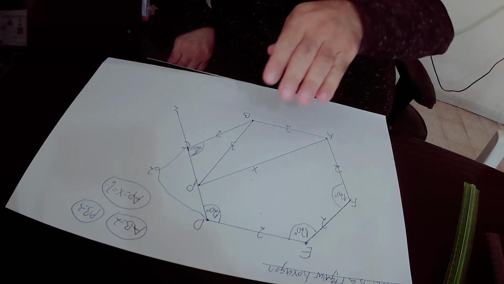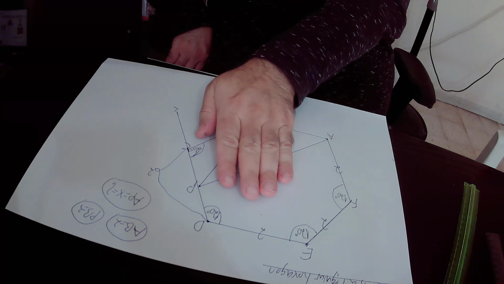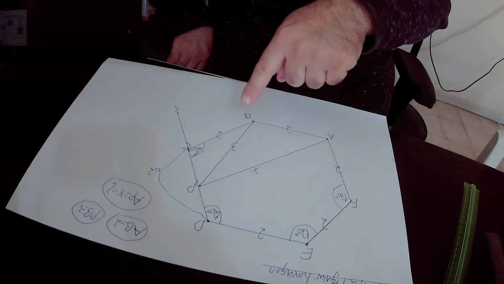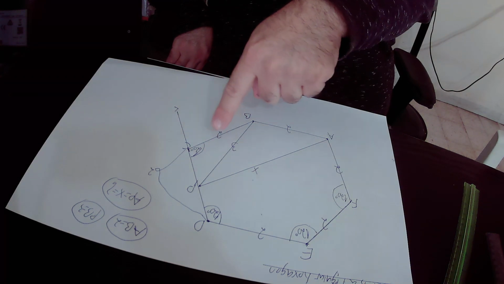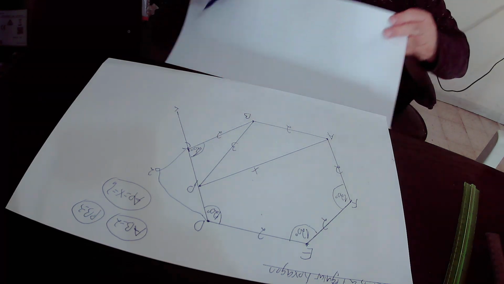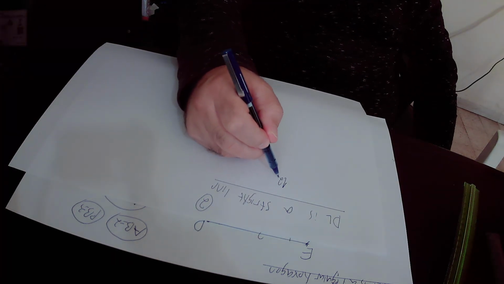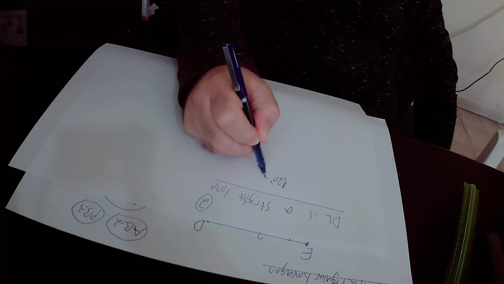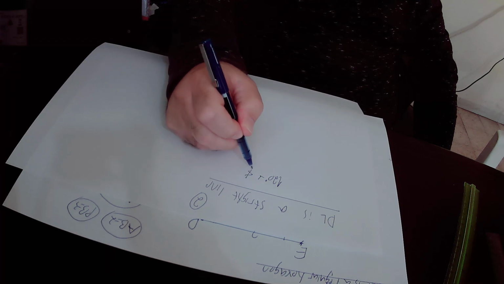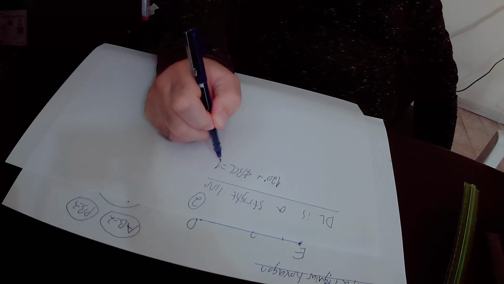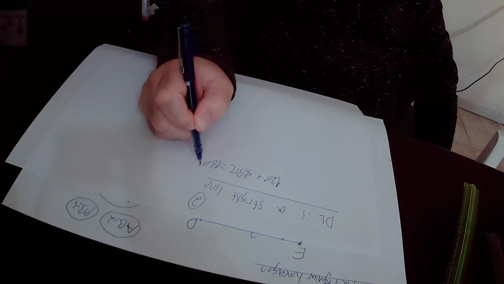So which angles do we have at the left side of the straight line DL at point C? We have this angle that is equal to 120 degrees, plus the missing angle that is angle BCL. So 120 degrees plus the missing angle BCL, in total they must be equal to 180 degrees according to rule number 1.